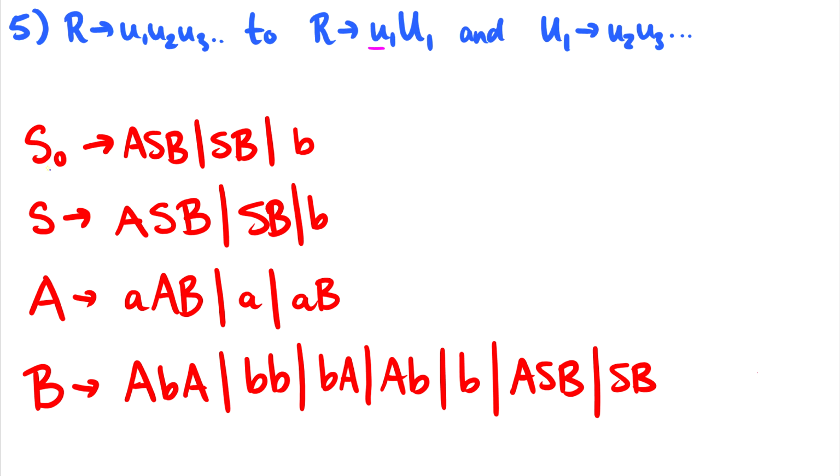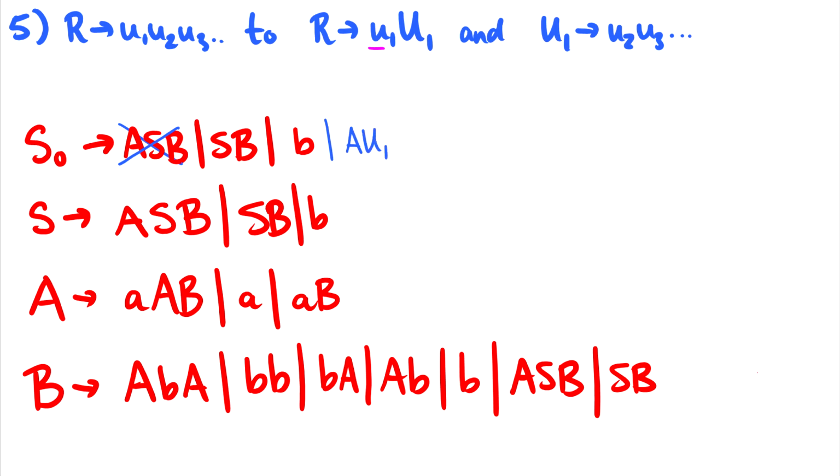Well, here I have S0 goes to ASB. So I want to keep A, but I want to convert this SB into something else. Let's call this U1. So we're going to delete this rule, S0 goes to ASB, and we're going to replace it with S0 goes to A and U1.